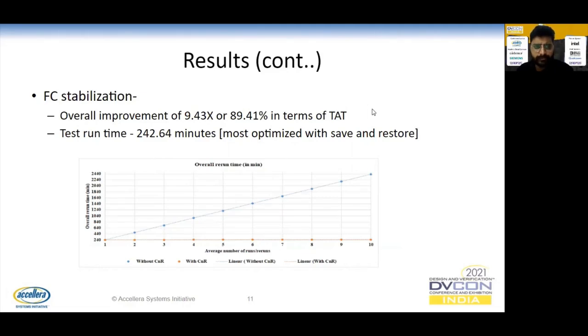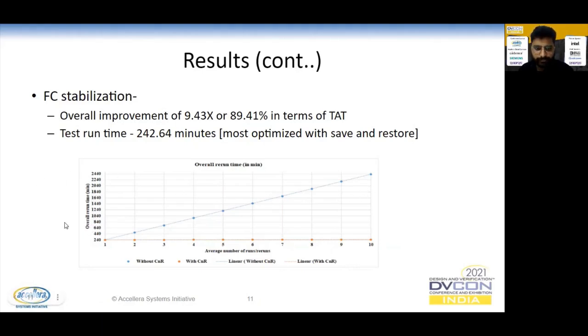Looking at the FC stabilization results, we could see an overall improvement factor of 9.43x in terms of turnaround time. Here the total test case run time was around 242 minutes, which was most optimized with the save and restore technique. If we look at the graph below, on the x-axis we can see the average number of reruns to fix the code, and on the y-axis we can see the number of minutes, or the overall rerun time for each iteration.